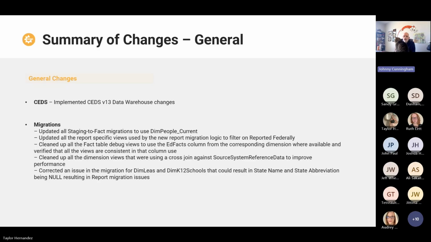One of the things that was a pretty big change, but only to those of us that deal with the code, was in the junk dimensions, and I'm going to go a little deep into the SQL stuff now, so I hope I don't bore the folks that don't do SQL. In those tables, there were columns that were null.